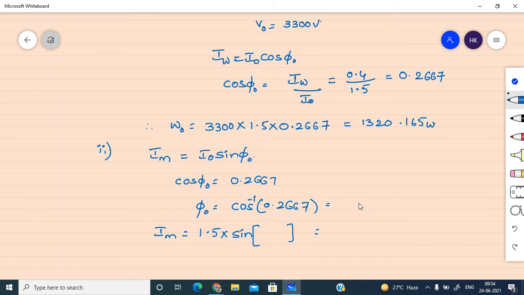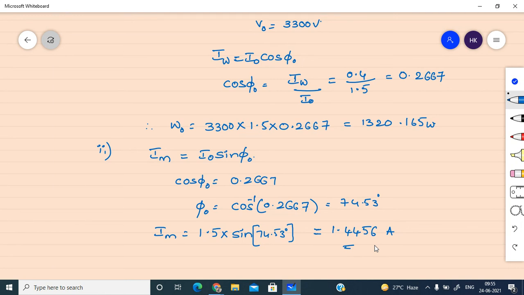What is the phi naught value? 74.5. 74.53. Then the IM value is 1.4456 amperes.